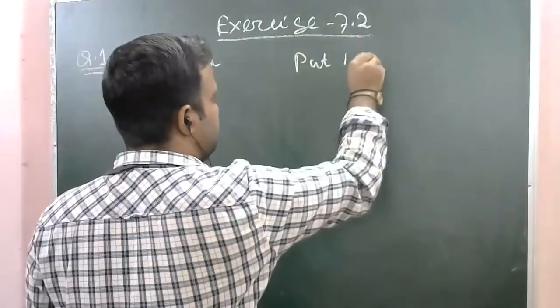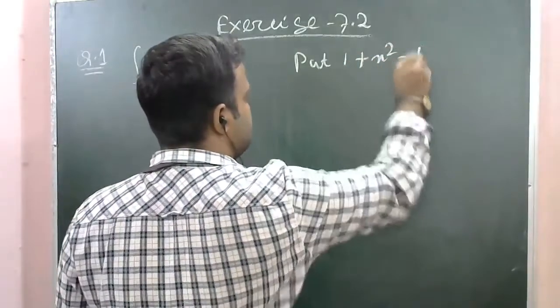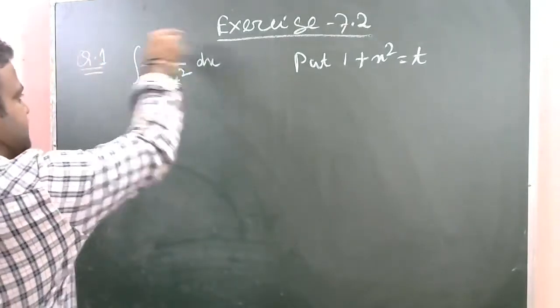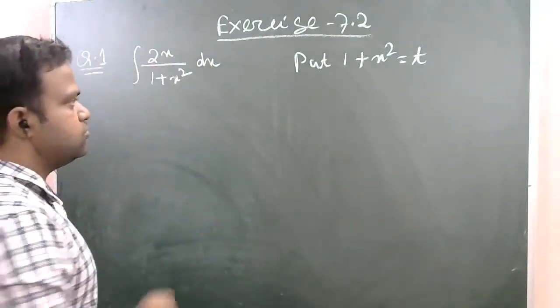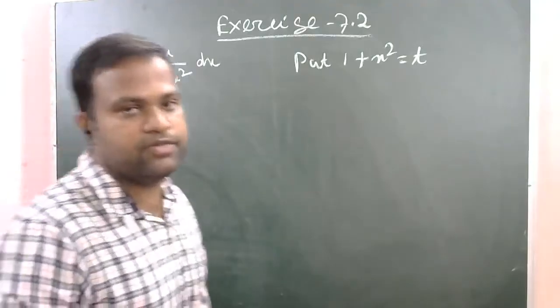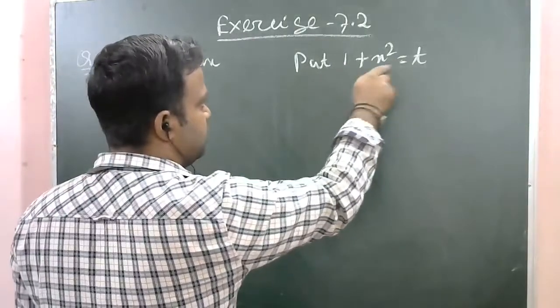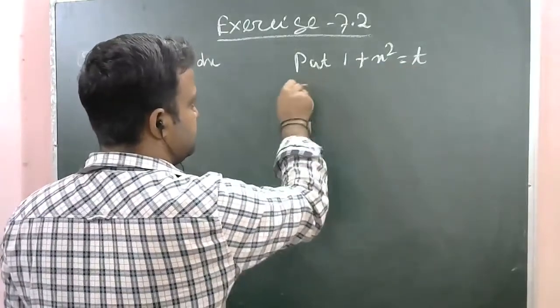So I'll put 1 plus x square is equal to t. I'll take it. Okay. Because I cannot find the integration directly, I have to convert it into a simpler form that we know. So what I did, I just put 1 plus x square is equal to t.